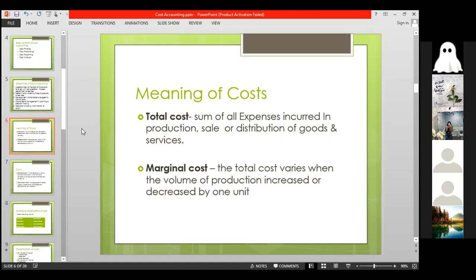So the same definition is used here for marginal, right? Marginal cost, the total cost that varies when the volume of production is increased or decreased by 1 unit. So instead of looking at labor and output, now we are looking at cost and volume. So if you increase your volume by 1 unit, let's say a production line that produces 100 cars every day.